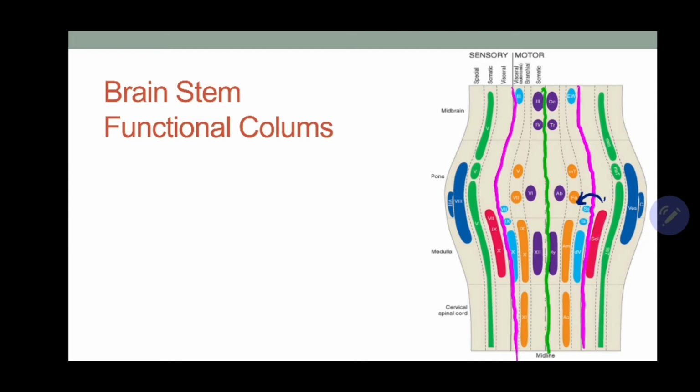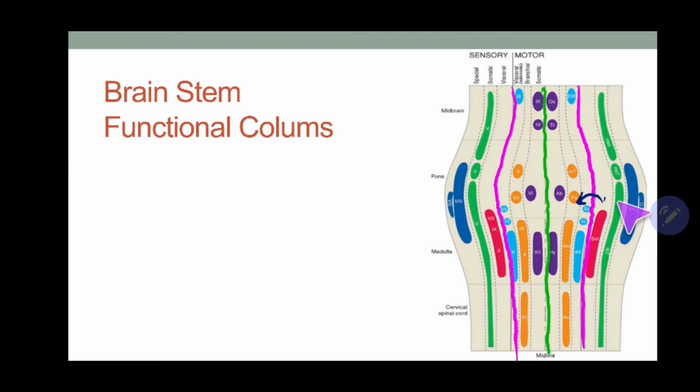But there is also a special visceral afferent for the special sensations, and basically here it's the taste sensation. So that functional column is actually merged with this general visceral afferent. So special visceral afferent and general visceral afferent, the two functional columns merge here.